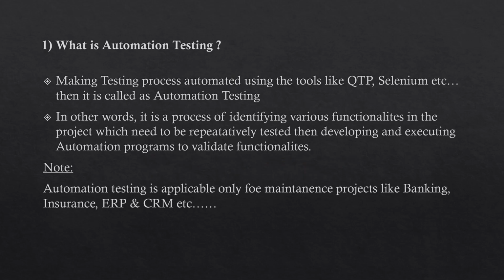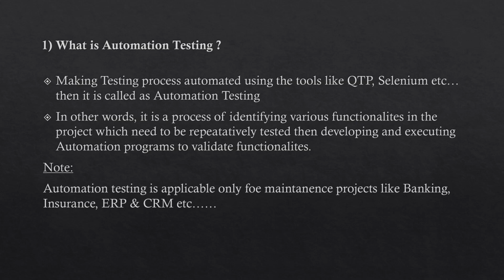Our first question is: what is automation testing? You can explain it this way: making the testing process automated using tools like QTP, which stands for Quick Test Professional, and also Selenium. Likewise, you have different test automation tools.